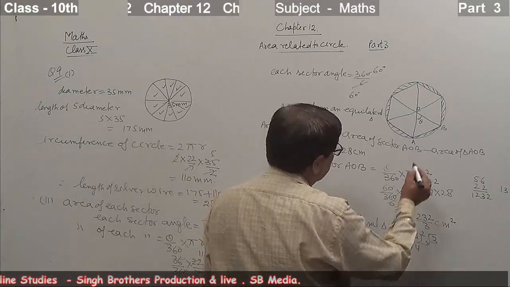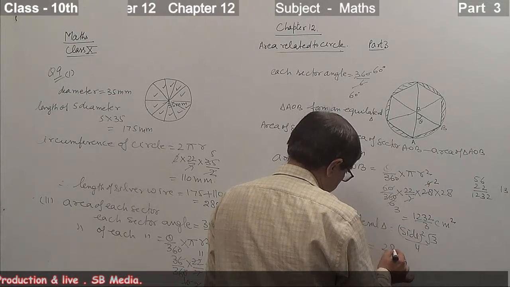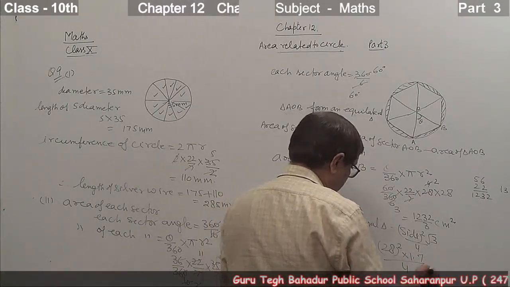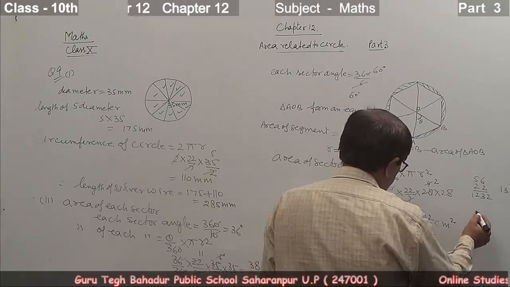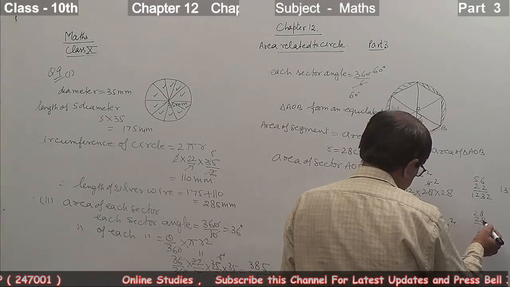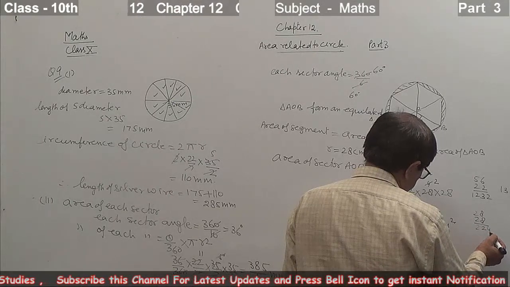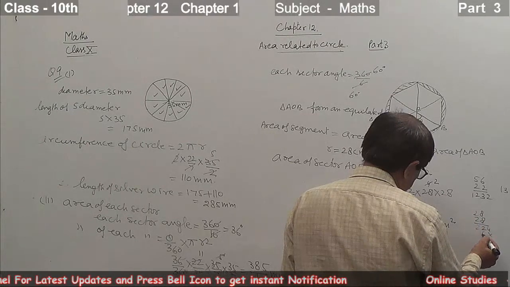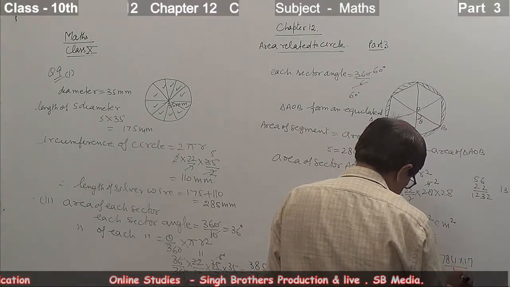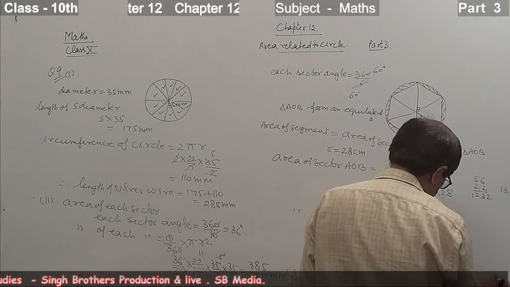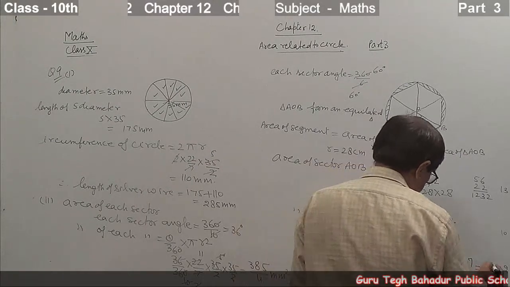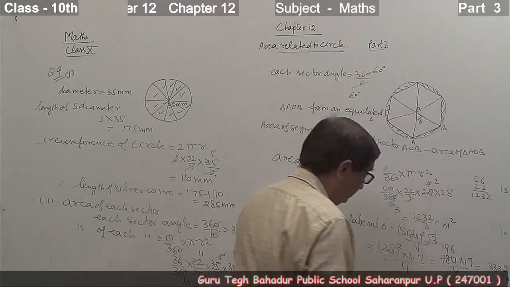The side is given to you, 28, squared. The value of root 3 is given to you, 1.7, upon 4. 28 into 28 is 784, into 1.7 upon 4, which gives 333.2 centimeter square.